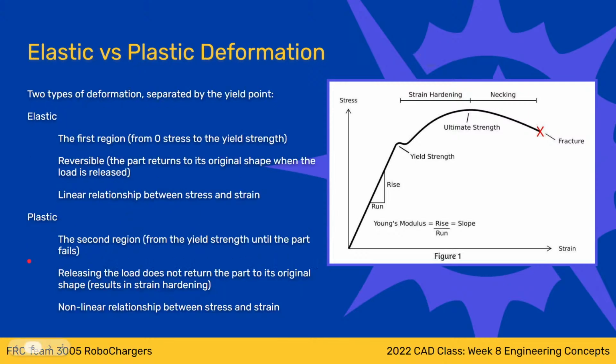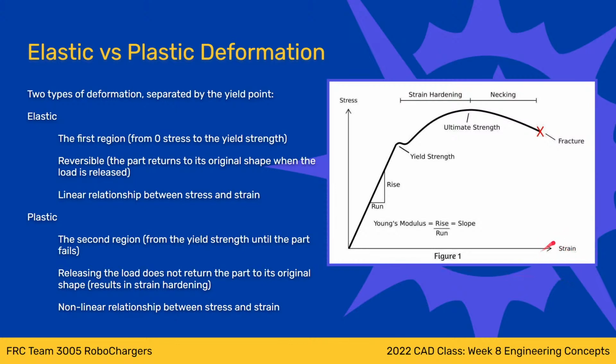Okay, so next slide. Let's talk about this stress strain curve a little bit more to understand what we're looking at. We have stress over here on the y-axis, and then we have strain over here on the x-axis. Remember, strain is a unitless thing.